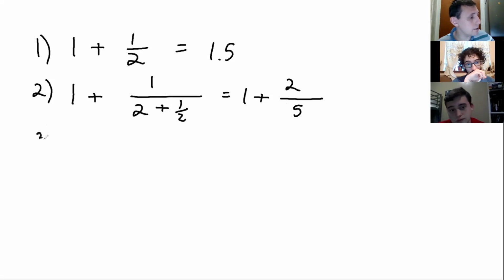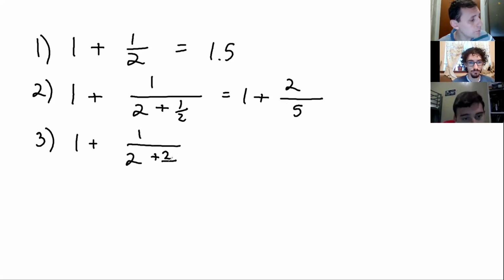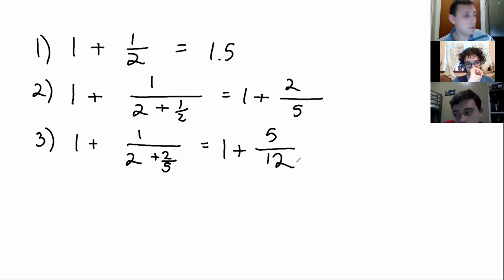My next approximation is going to be 1 plus 1 over 2 plus 2 over 5. And what is that? This is 1 plus, I need to multiply it by 5. 5 times 2 is 10 plus 2 is 12. So 5 over 12.